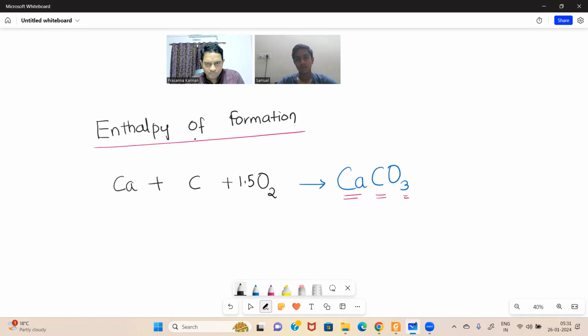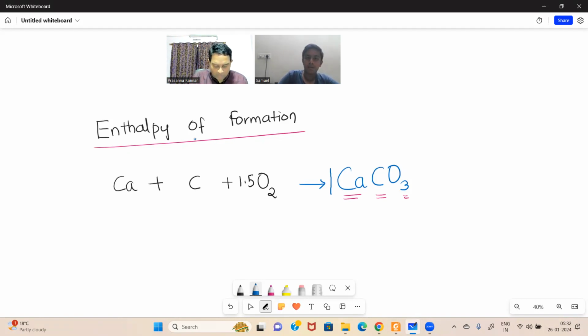Here, can I multiply by 2 throughout and make this not 1.5, but 3? The recommendation is no. Why? Because whenever I say enthalpy of formation, or any enthalpy for that matter, it is always about formation of 1 mole of the compound. Here you have the coefficient as 1, so retain it like that.